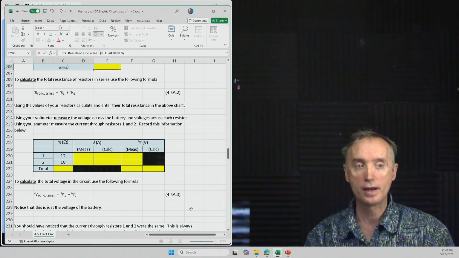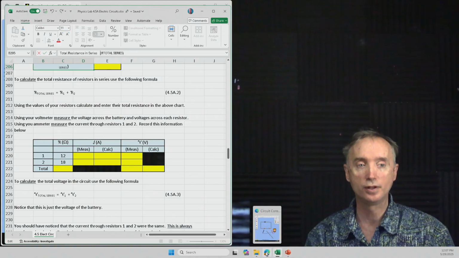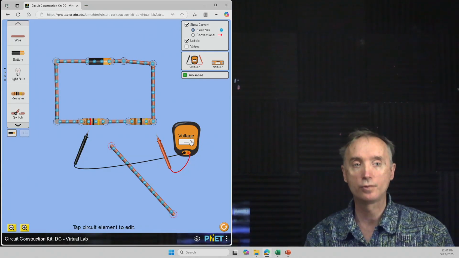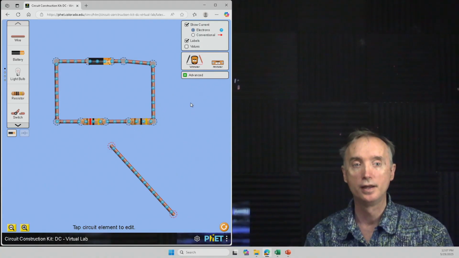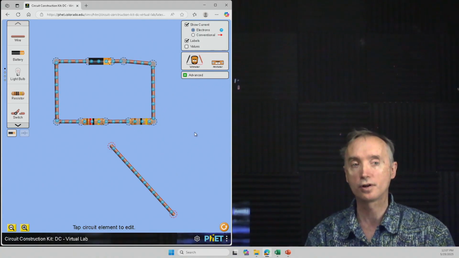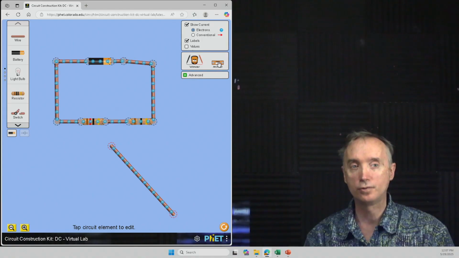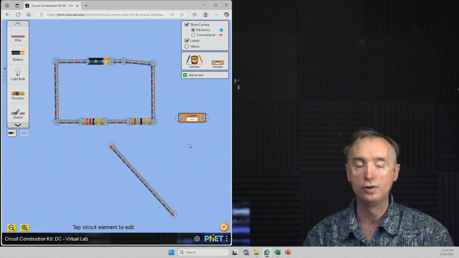Okay, so now let's go back to the simulation. Now we're finished with the voltmeter, so we put that up. And now we need to measure the current, so we get out our ammeter. You should know how you have to hook it up. You have to open the circuit.